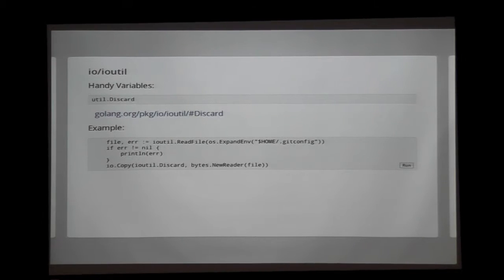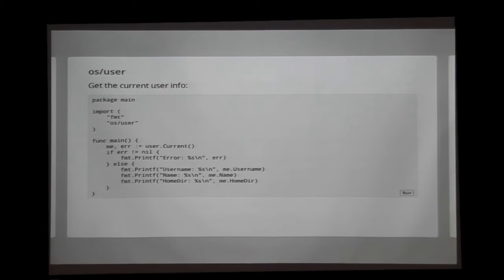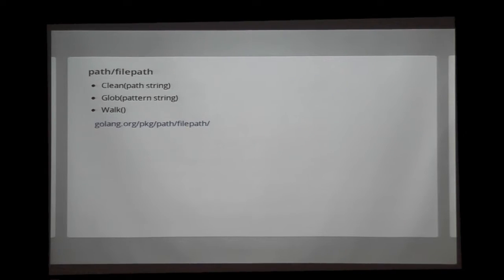Some utilities, like the discard utility, when you want to read and throw away what you're receiving from your input. Utilities from the OS: expand the environment, how to get the user info, pipe, start process, how to access clean, glob, and walk. Remember this one, because we might use it in today's exercise.